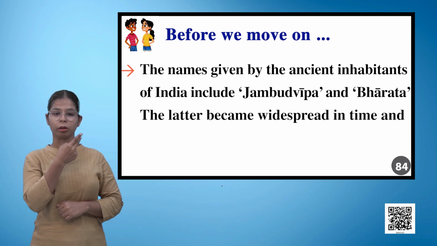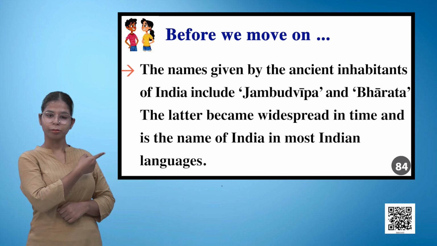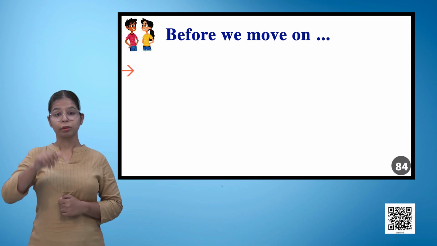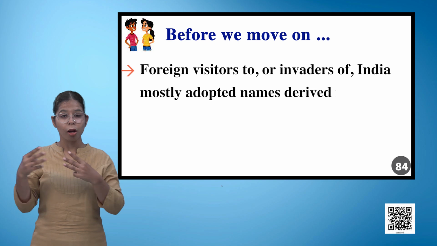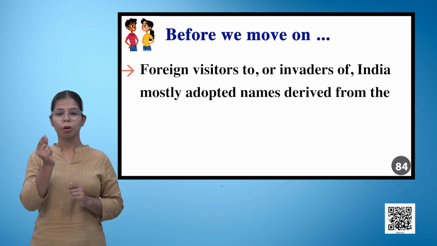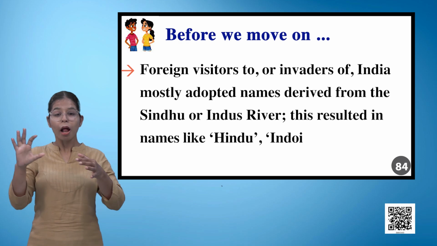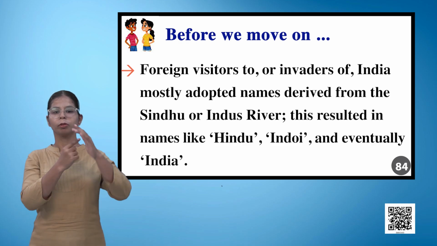The latter became widespread in time and is the name of India in most Indian languages. 3. Foreign visitors to or invaders of India mostly adopted names derived from the Sindhu or Indus River. This resulted in names like Hindu, Indoi, and eventually India.